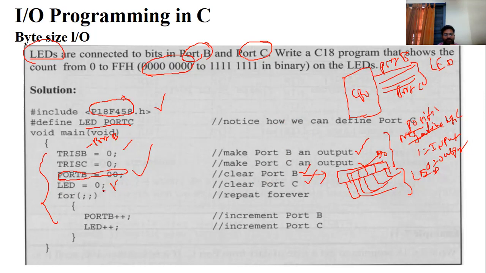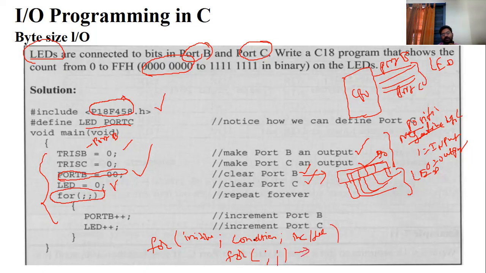Here you can write a for loop. You know that for has different parts: initialization, condition, and increment or decrement. This is the format of the for. It simply shows a repeat forever.